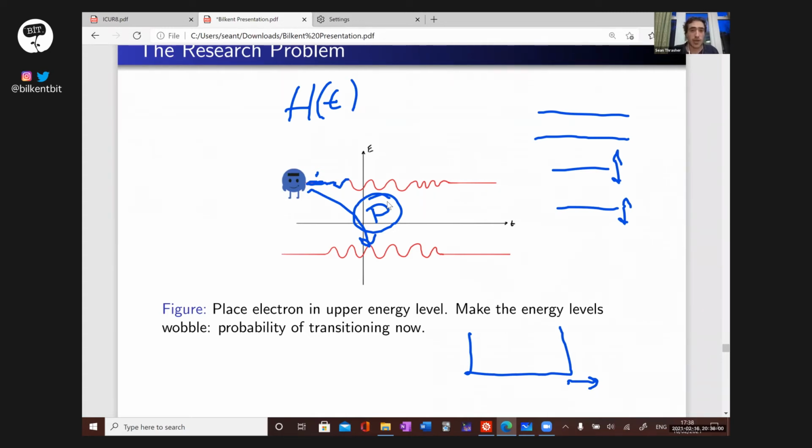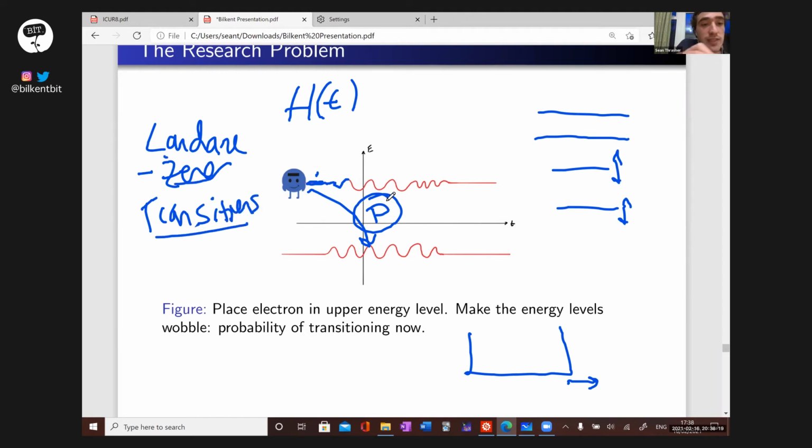Now, in case you want to read up more about this, there is a rather basic example of it, to do with something called Landau-Zener transitions. Again, if I've got time later, I might go into that a bit. This is a very basic example, for which you can compute everything explicitly.